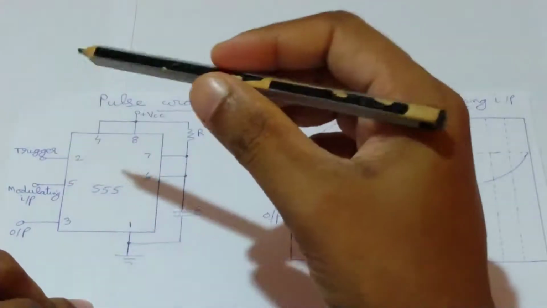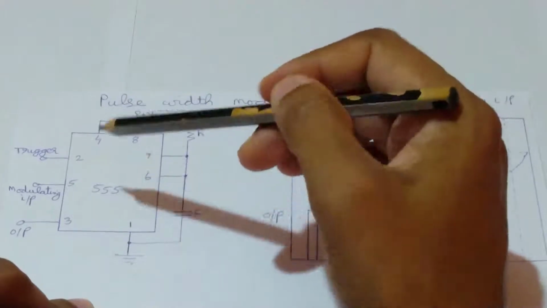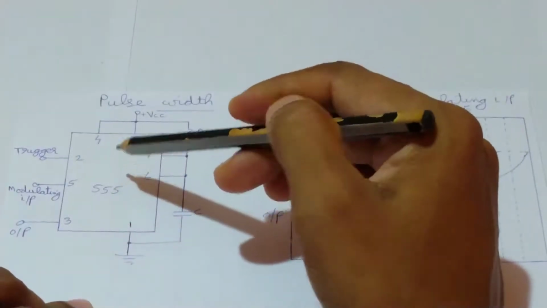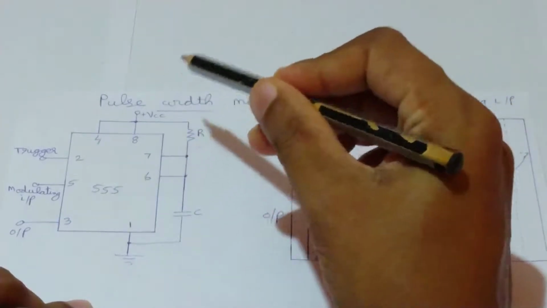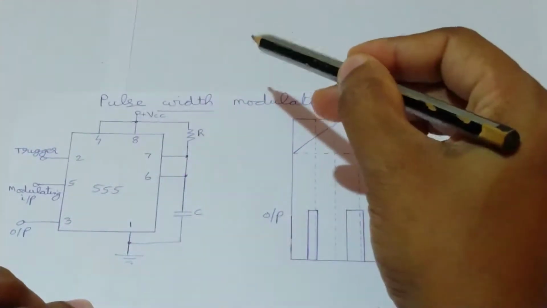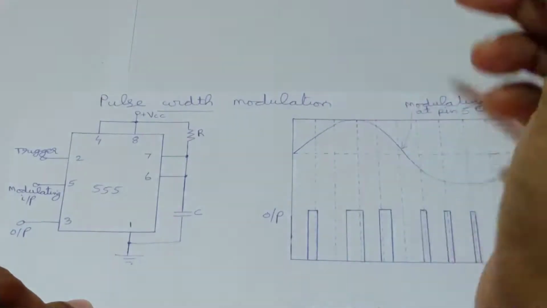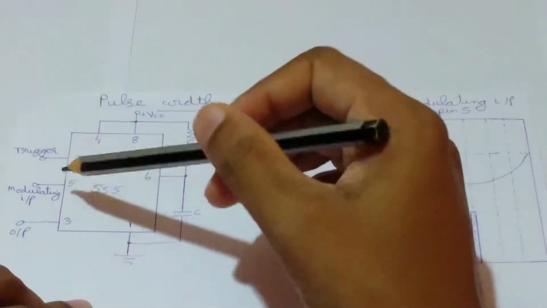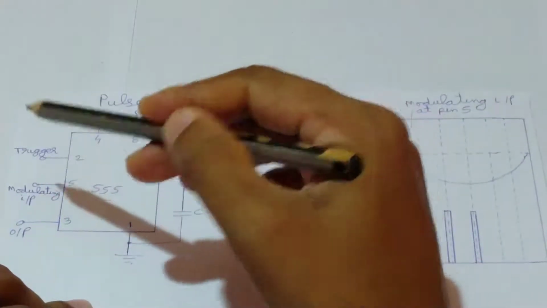And we know the output of this monostable multivibrator remains in its quasi-stable state for the time taken by the capacitor to charge from 0 to that threshold voltage. That threshold voltage was 2/3 VCC, but here it is changing depending upon the modulating input voltage.